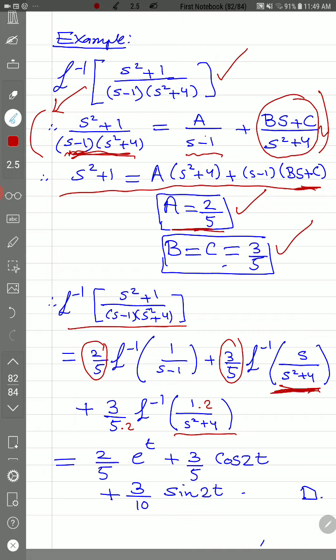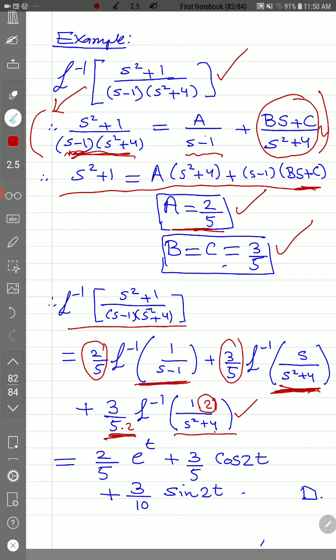But in the last term, it's not straightforward for the sine. You need to take the square root of 4. So I multiply by 2 and divide by 2. Now it will be in the form of sine, so it will be this one from the table.